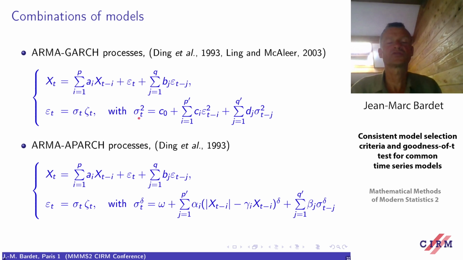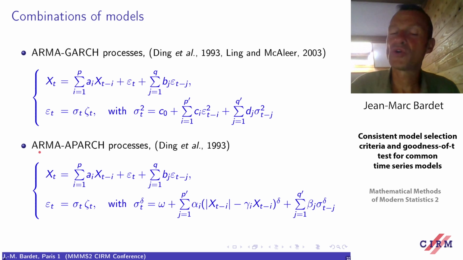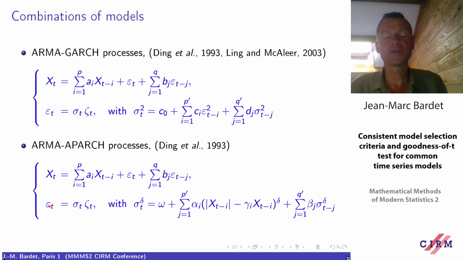Okay, so this is just what an ARMA-GARCH process is. And we can also define ARMA-APARCH process with the same trick. That is, you have ARMA processes, but the white noise is replaced by a weak white noise that is exactly an APARCH process.